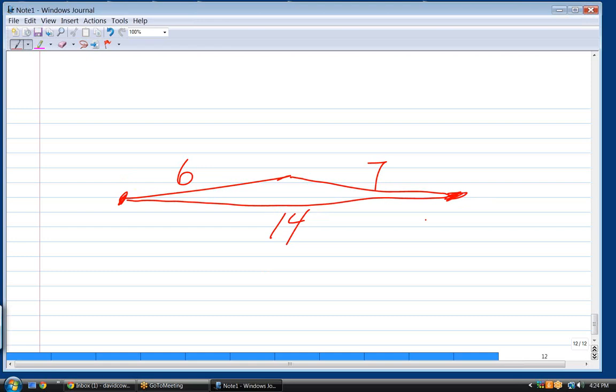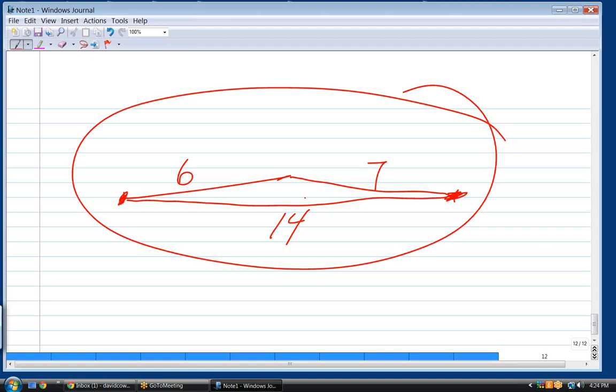I'm saying the shortest distance between this point and this point is 14, but if I go the crooked way, I only go 13. That's impossible. So that's kind of the way to look at triangles, to remember that rule, as to why any side has to be less than the sum of the other two sides.